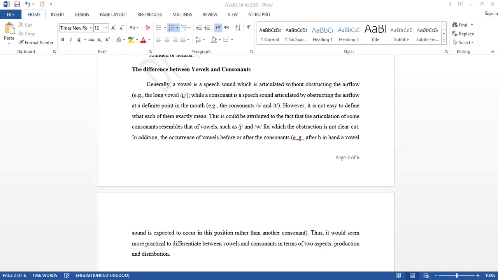if you look at consonants like y or w, in these two consonants, you cannot see a very clear-cut obstruction to the flow of air.